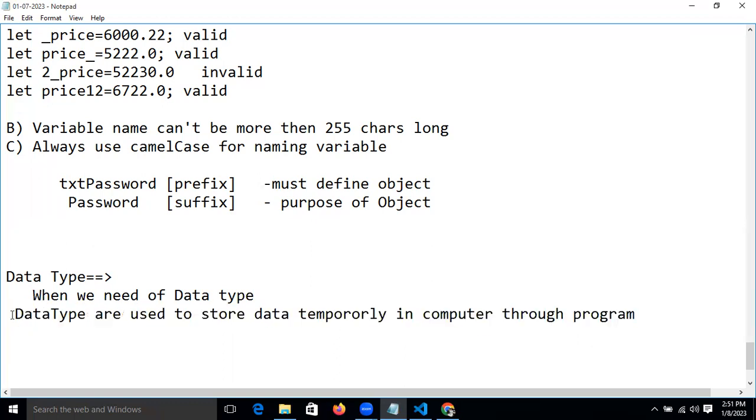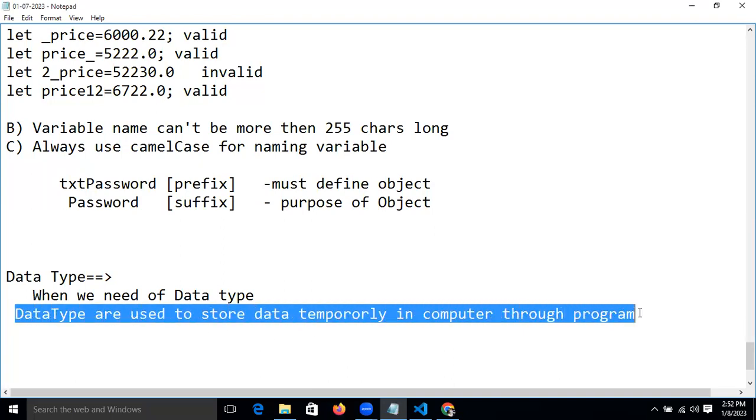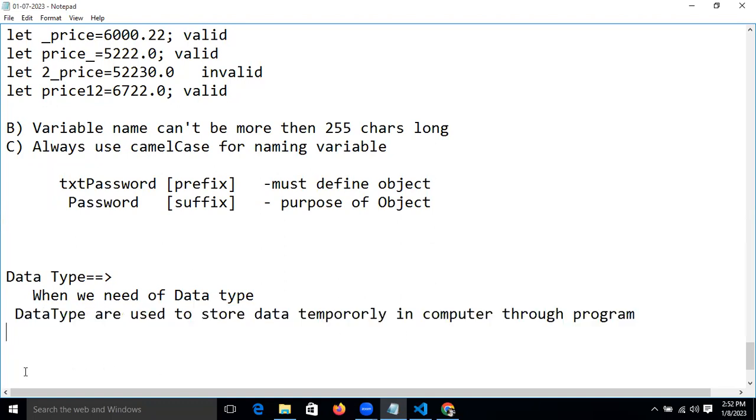If we want to calculate something like an average, then we need a real number, that is, double or float. Are you getting my point?